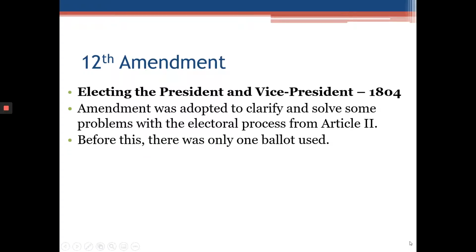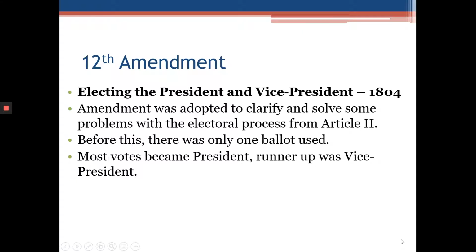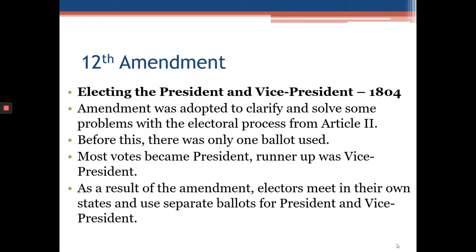So previous to this, there was only one ballot used, and so you would just write one name on it, and the person who got the most votes in the Electoral College was the president, and the runner-up was the vice president. So if you could imagine in our current political situation, Donald Trump would be the president, and Hillary Clinton would be the vice president. And that doesn't make for a very stable political position within the executive branch.